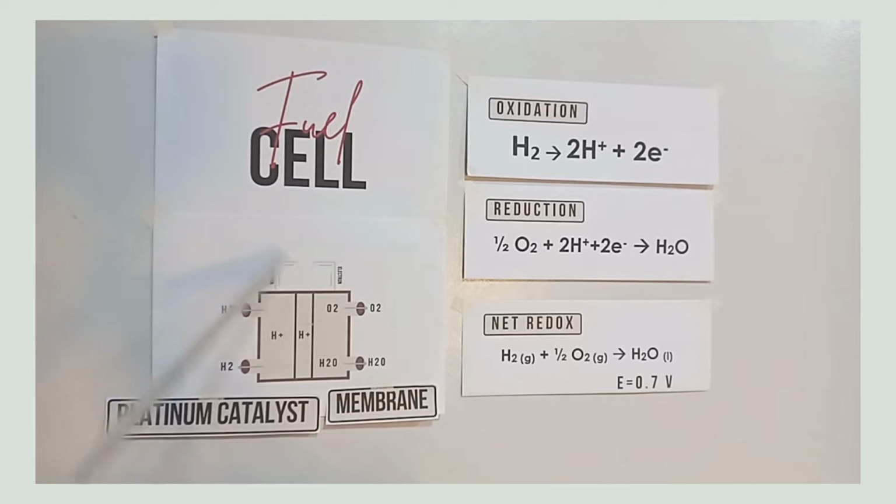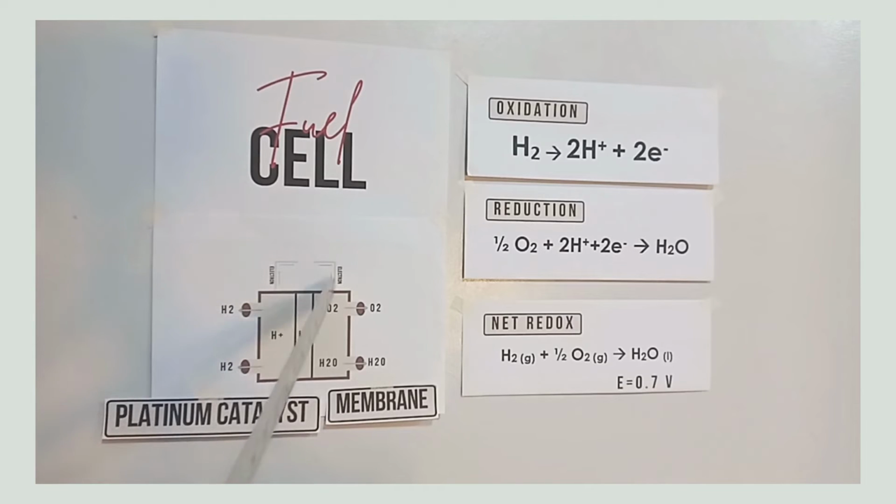Now these electrons travel through the conductor to the cathode. This part provides electricity to the outside source. When the electrons travel all the way to the cathode, they react with the oxygen molecule, reducing it.